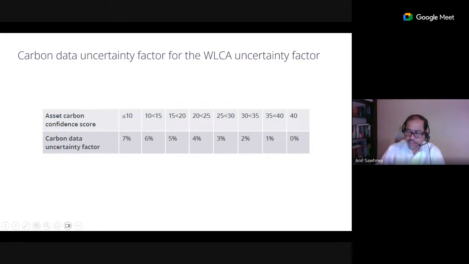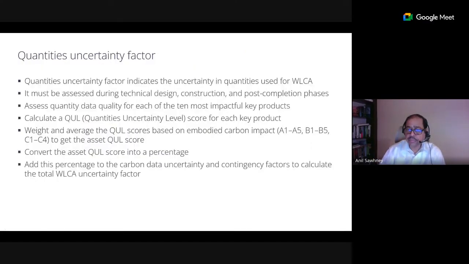So this is, I think, unnecessarily complex, but if you do it in a tool like One Click LCA, it makes life much easier. And you basically then, if you scored, let's say 35 or 36, then the carbon data uncertainty score factor would be 1%. Okay, so now 2 dimensions are done.